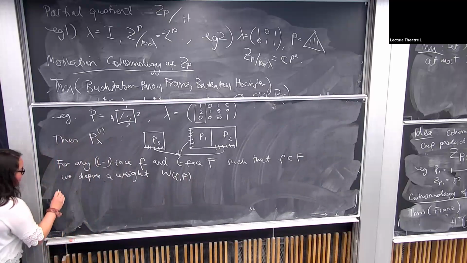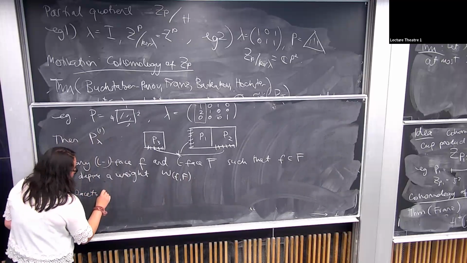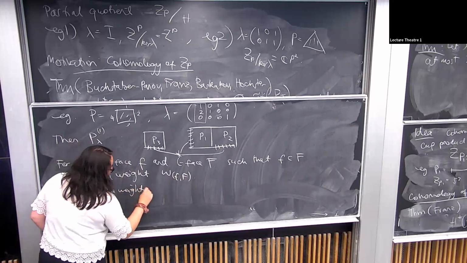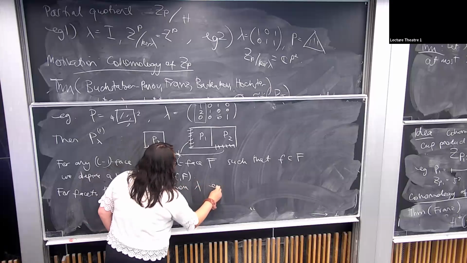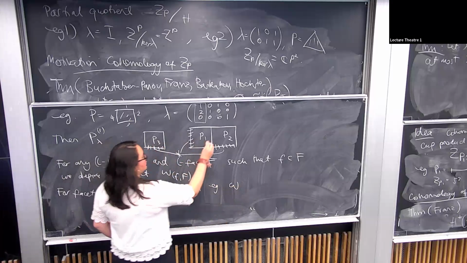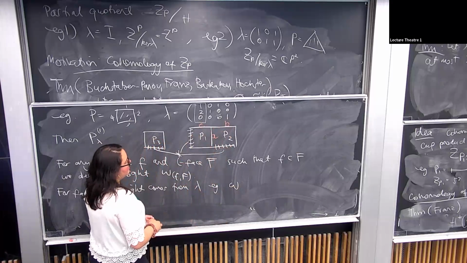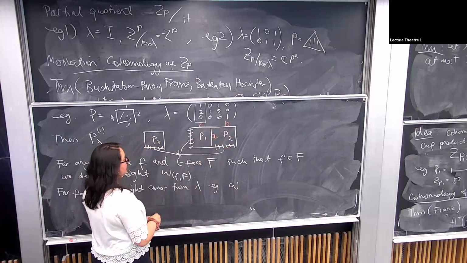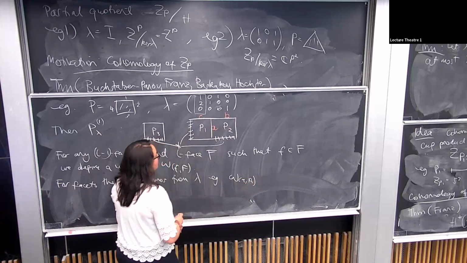For facets, the weight comes directly from lambda. So here, if I give some things some names, let's call this edge A, this edge B, this edge C. And let's say that the 2 squares inside are labeled P1, P2. Then the weight on A, P1 should come from lambda.